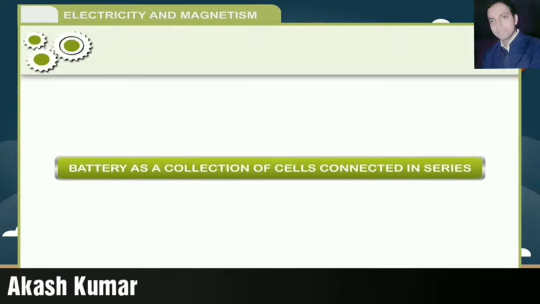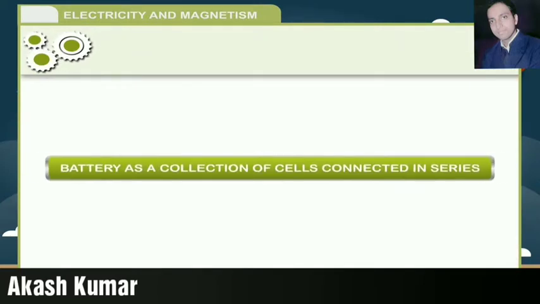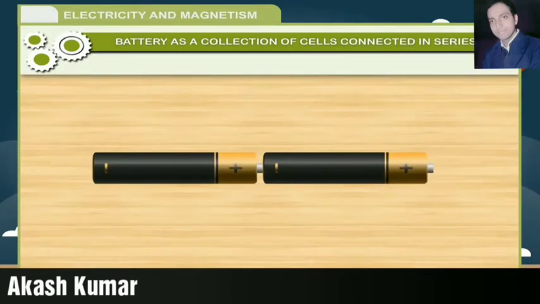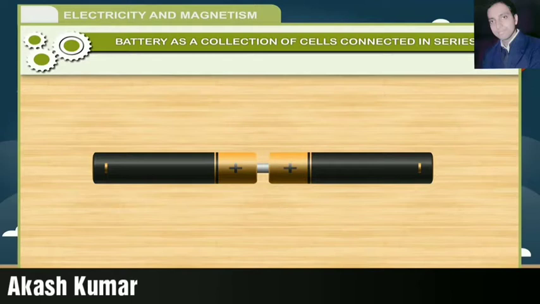Battery as a collection of cells connected in series. A battery is made up of two or more cells joined together. In a battery, the positive terminal of one cell is connected to the negative terminal of the next cell. If you connect cells with two positive terminals touching, the circuit will not work.